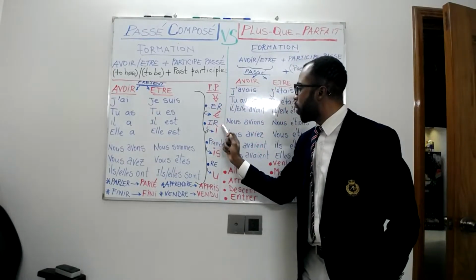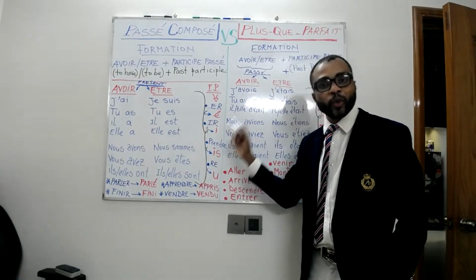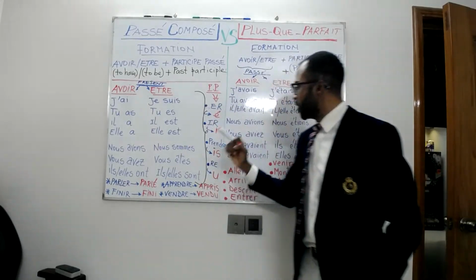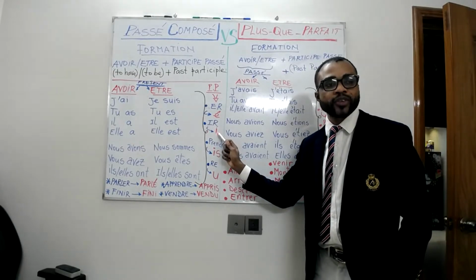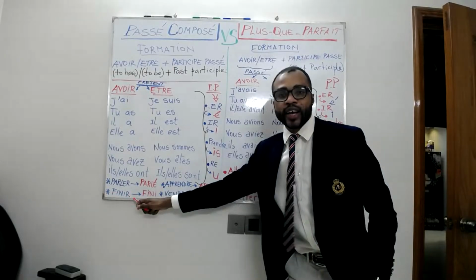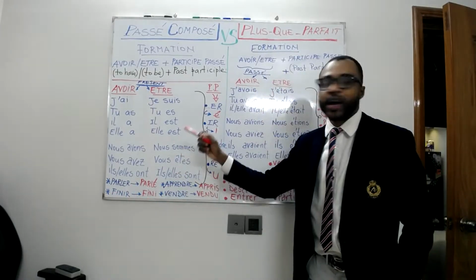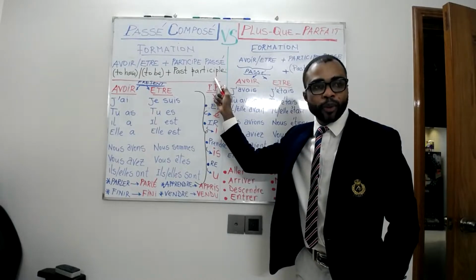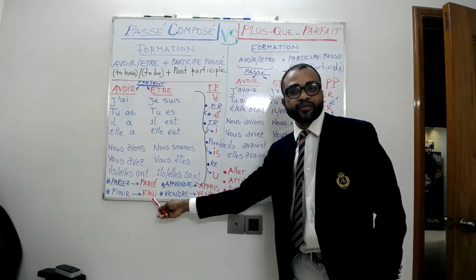Now let's go with the second category of verbs. All the verbs ending with IR in French, which are regular, definitely, we remove the IR and we have to put i. For example, finir, ending with IR. In this case, to get the past participle, we remove the IR and get fini.